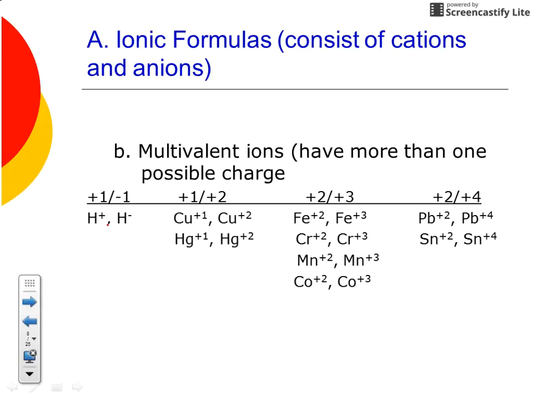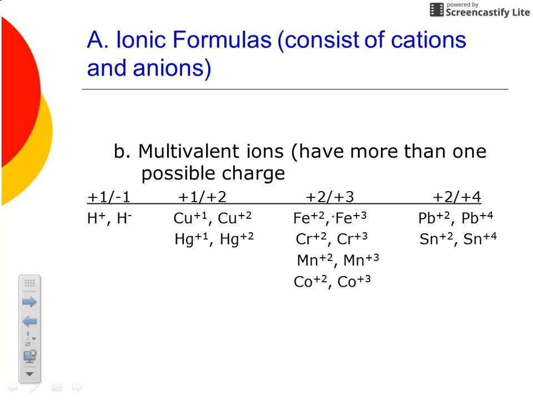The element that is +1 and -1 is hydrogen. He can be a +1 charge or a -1 charge. This is the only one that can be a cation or an anion. Then we have copper and mercury that can be a +1 or a +2. So Cu with a +1, Cu with a +2. Hg with a +1, Hg with a +2.